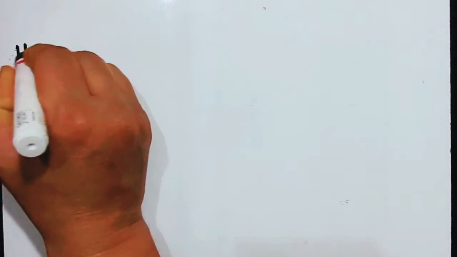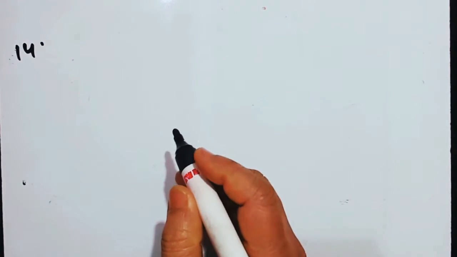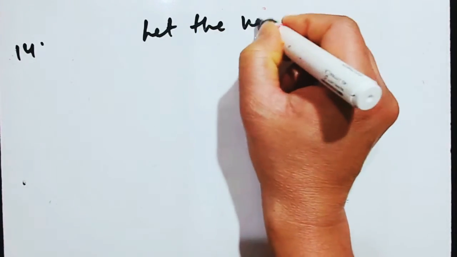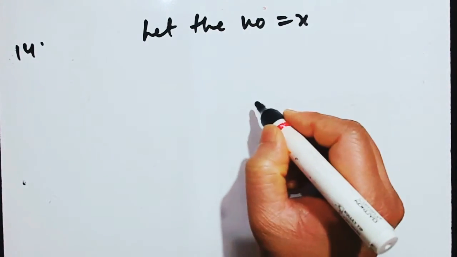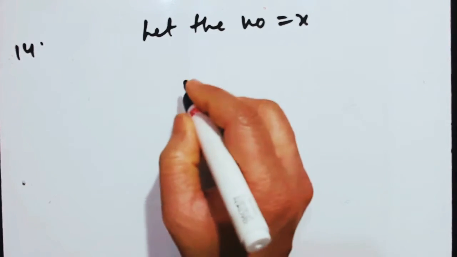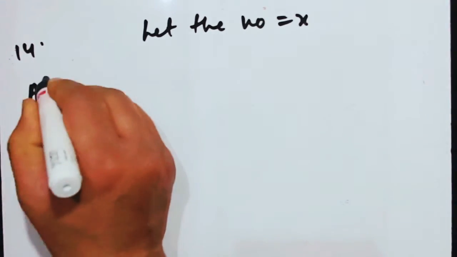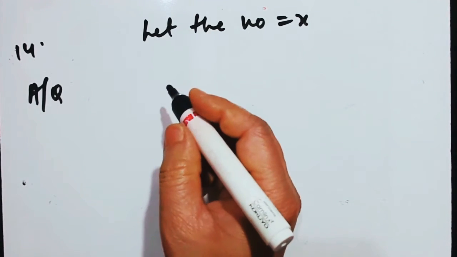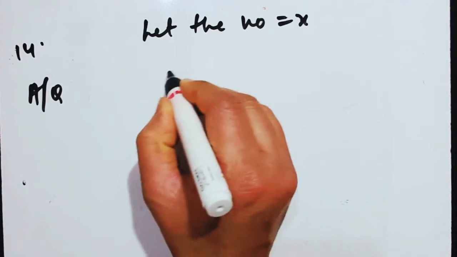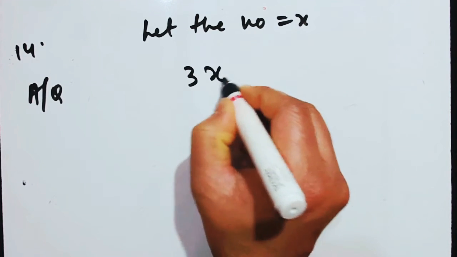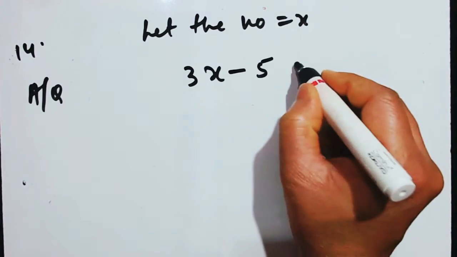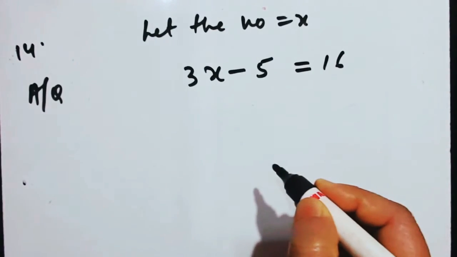Number 14 says, if 5 is subtracted from 3 times a number, so here the number is equal to X. According to the question, from 3 times the number we are subtracting 5, and the result is 16.